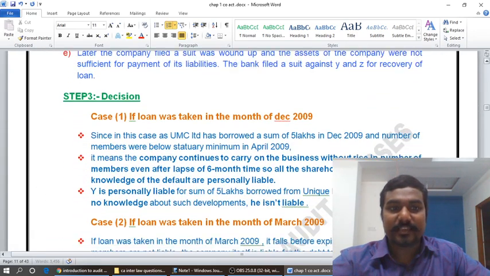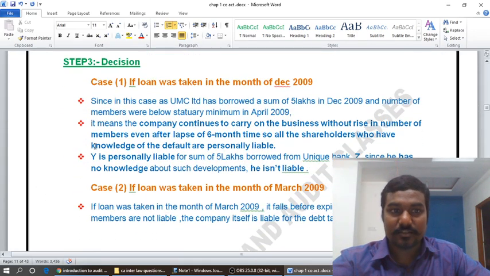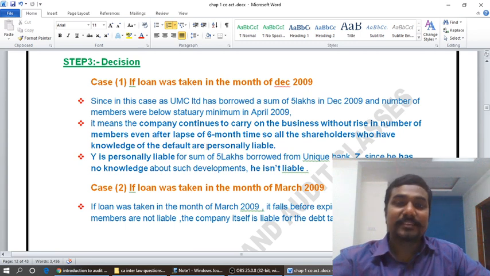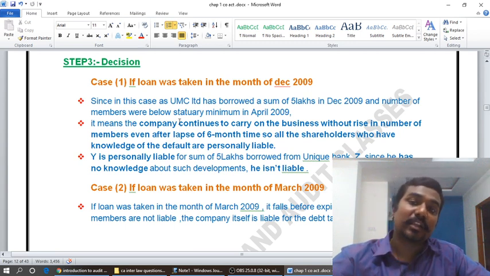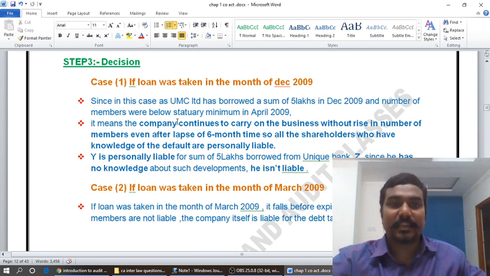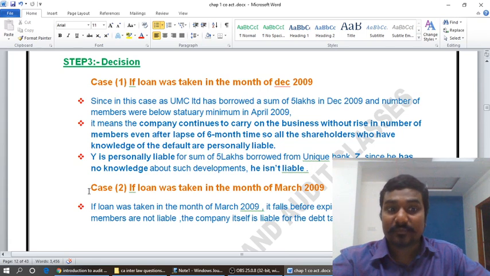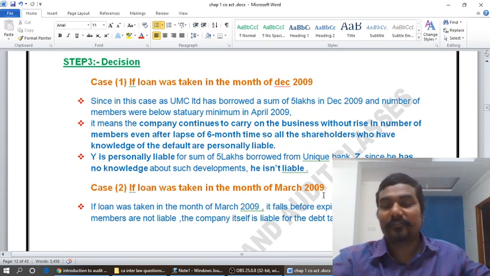Next, decision. See here, I am dividing it into two parts. If the loan was taken in the month of December 2009, we have to lift the corporate veil. So existing members who have knowledge of the default will be personally liable, that is X and Y, but Z is not liable because he is ignorant. Again, one more question is there in the exam: if the loan was taken in March 2009, at that time the corporate veil was there.